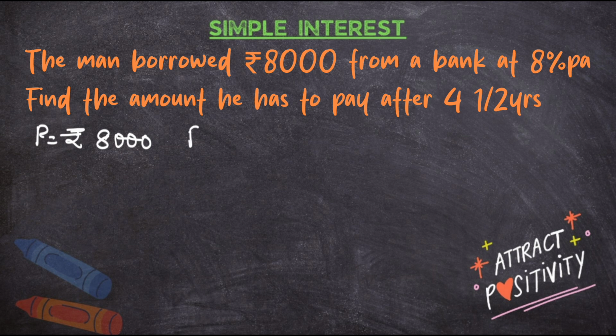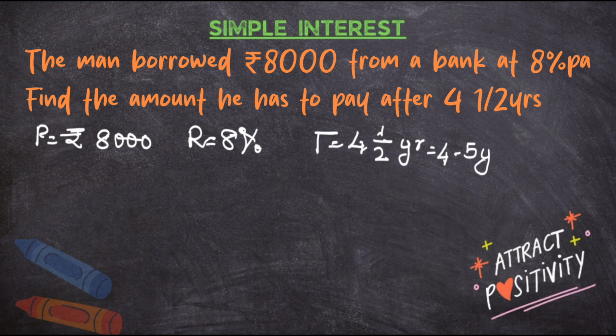Rate given is 8% and time given is 4.5 years. We will convert it into a decimal, which will be easy for us to solve.